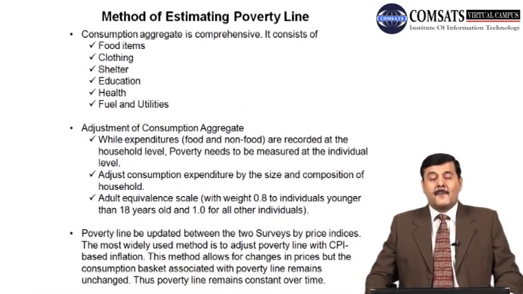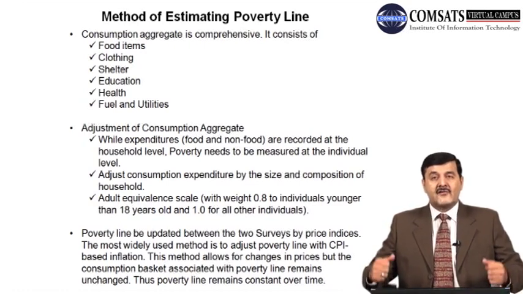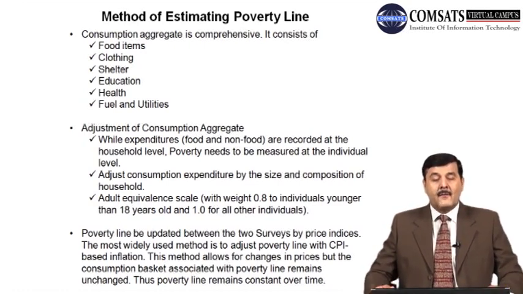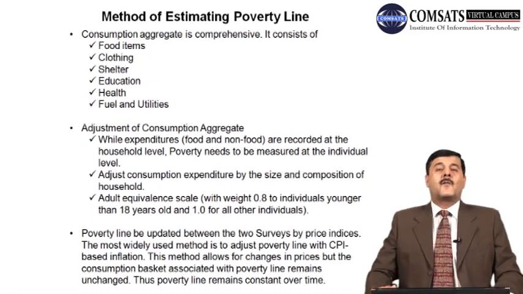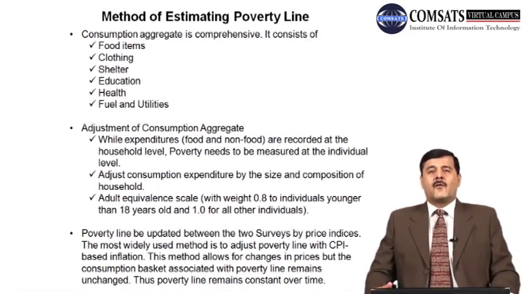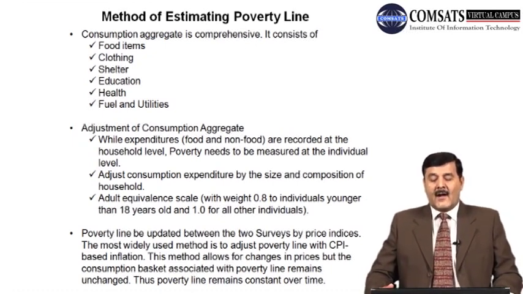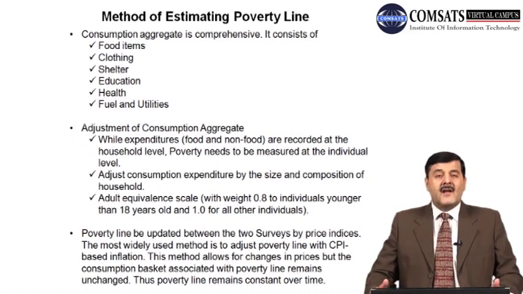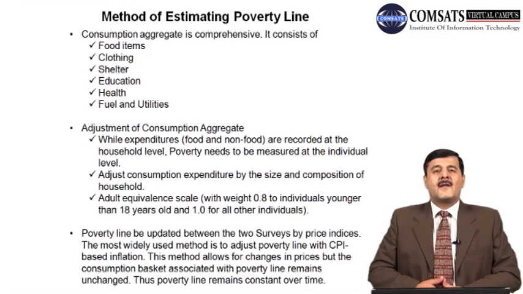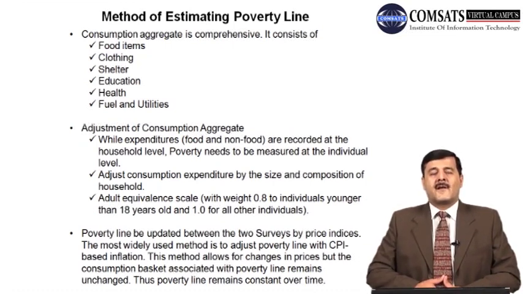The consumption aggregate is comprehensive. It consists of food items, clothing, shelter, education, health, fuel, and utilities. Now, adjustment of consumption to the consumption aggregate is needed because expenditure on food and non-food items is recorded at the household level, while poverty needs to be measured at the individual level. Adjustment is required because consumption includes both types of consumption.